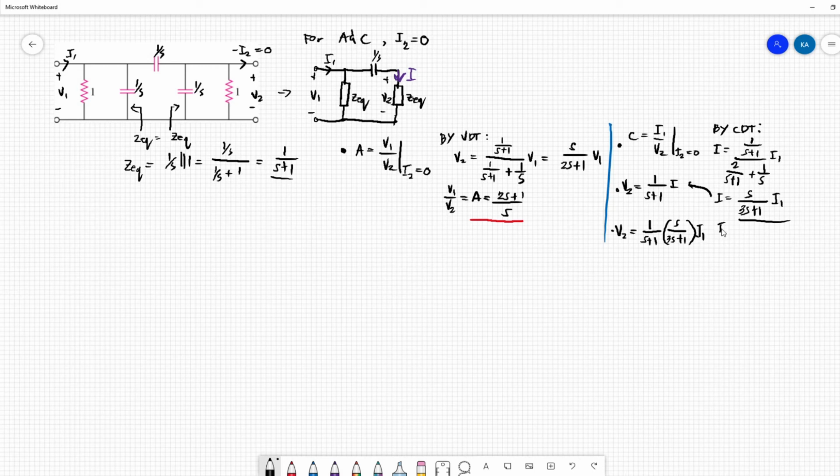So our I1 over V2, which is our C, is equal to S plus 1 times 3S plus 1 over S.